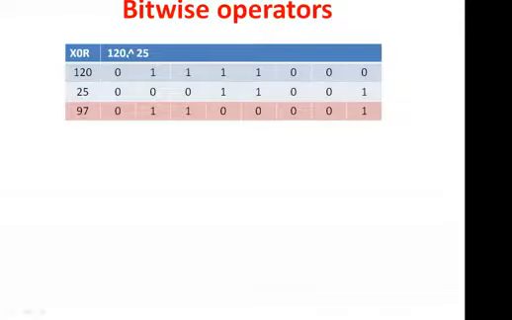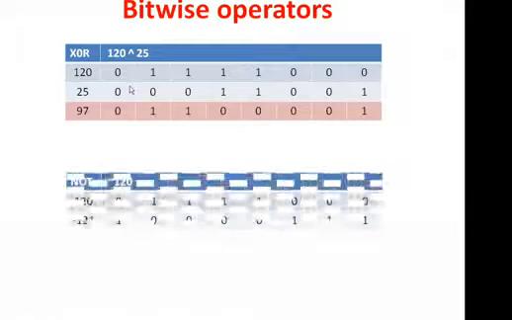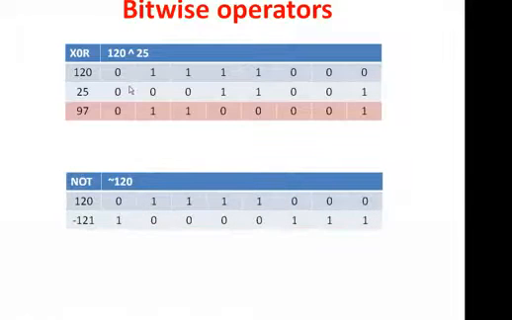When I apply these to 120 and 25, I got the result as 97. And when you apply bitwise NOT for the 120, I'm getting the minus 121. You can see that MSB is 1, so it's going to be a negative number.